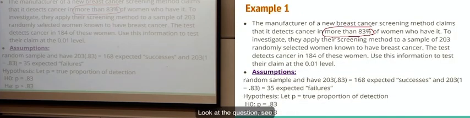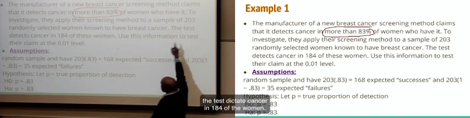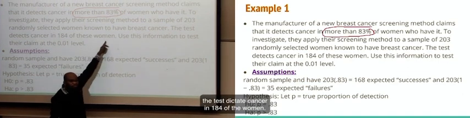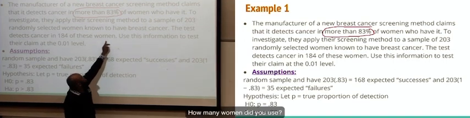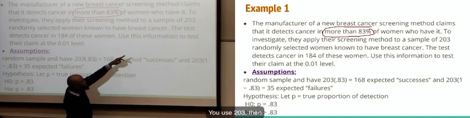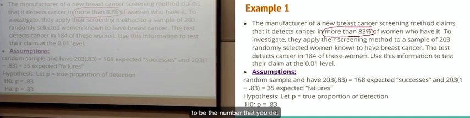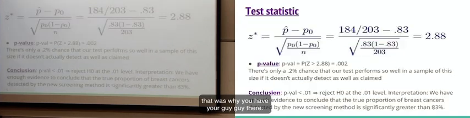Look at the question: the test detects cancer in 184 of the women. How many women did you use? You used 203. The sample proportion is the number that you detect divided by the total. That was why you got that value there.